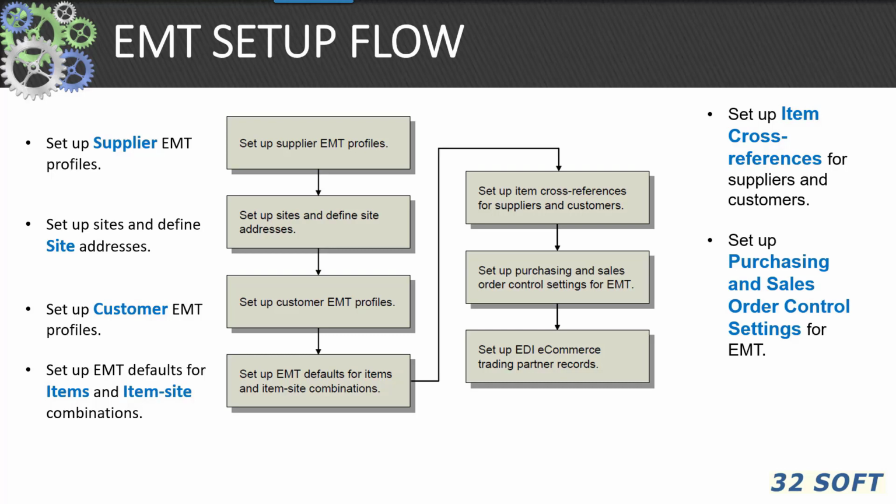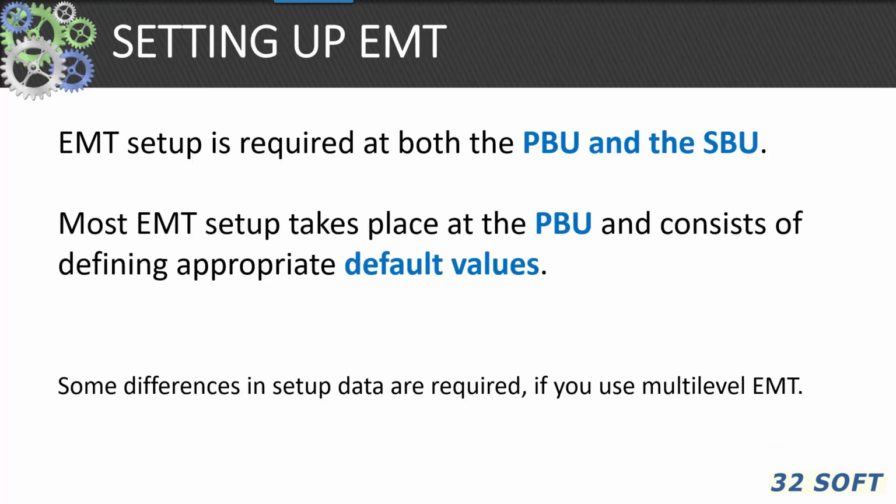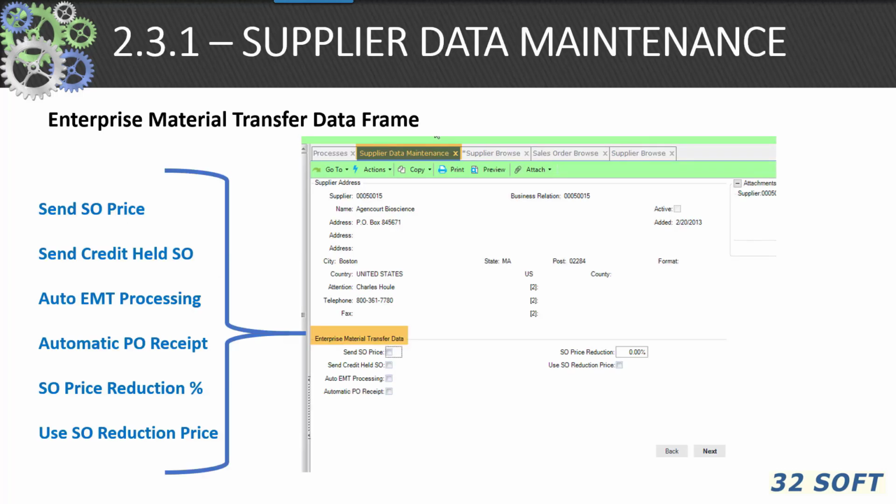And then some purchasing and sales order control settings, and finally a little discussion about trading partner records. EMT setups are required in both the primary business unit and secondary business unit. Most of it takes place at the primary. It's a matter of considering the defaults. If you have multi-level, we'll talk about that a little bit later.